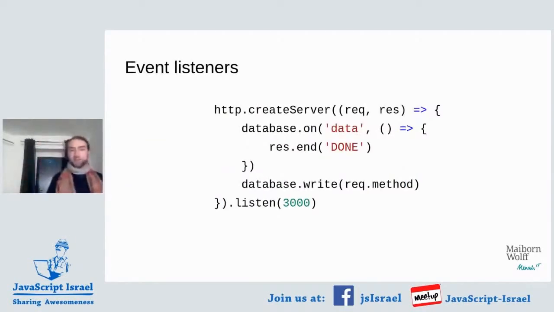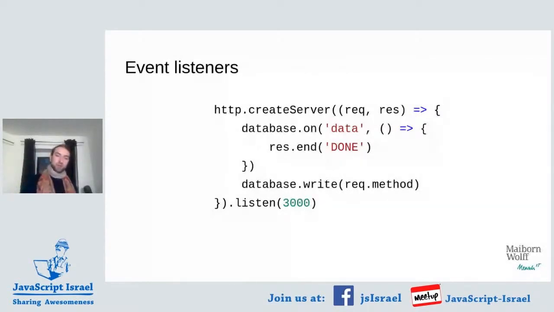With event listeners, obviously all these examples are a bit made up, but we have just one database that is event-driven, why ever. And we have an HTTP server again, and on each request, we want to know when data is received from the database, because we also write something to the database, and at some point it's going to respond.